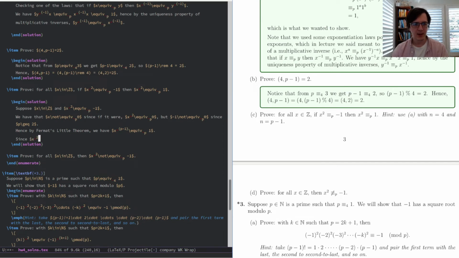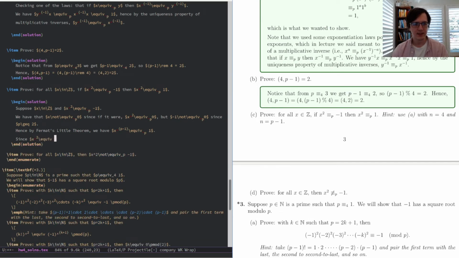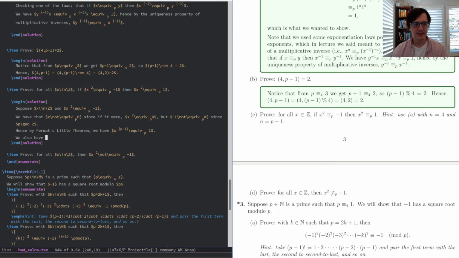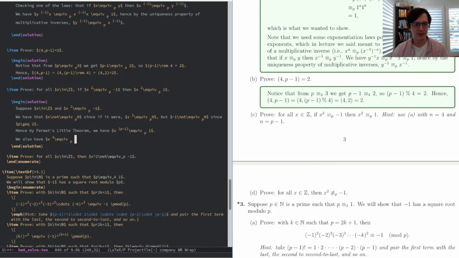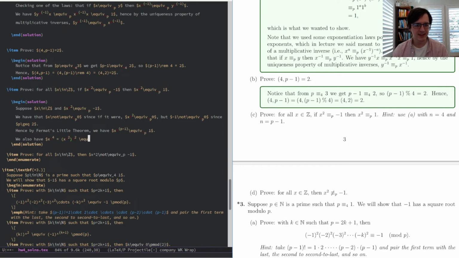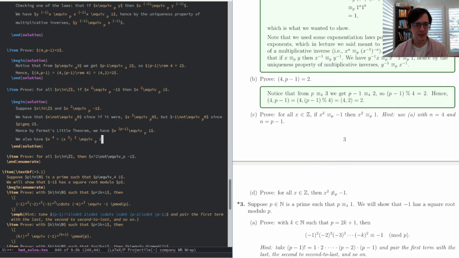Since x squared is equivalent to minus 1, we also have x to the 4 is equivalent mod p to x squared squared. That's an exponentiation law. That's equivalent to minus 1 squared, which is 1.